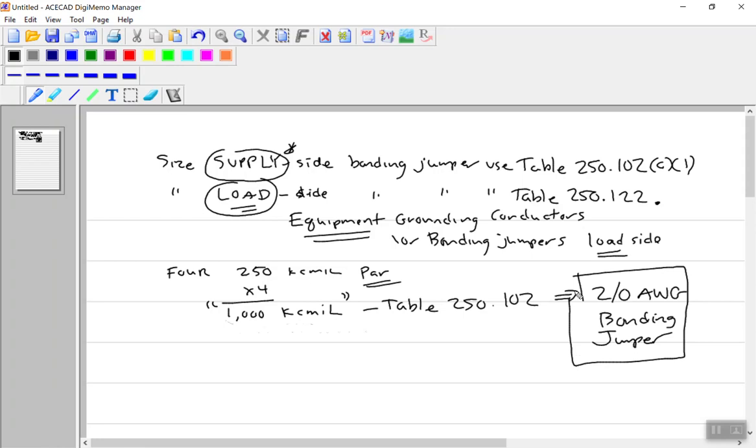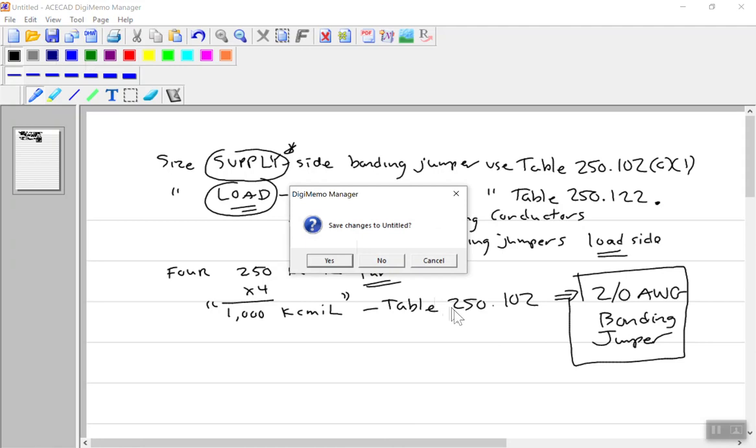So you can expect that question to show up on the exam. And let's go on to some more math here. Let's clear this page out.